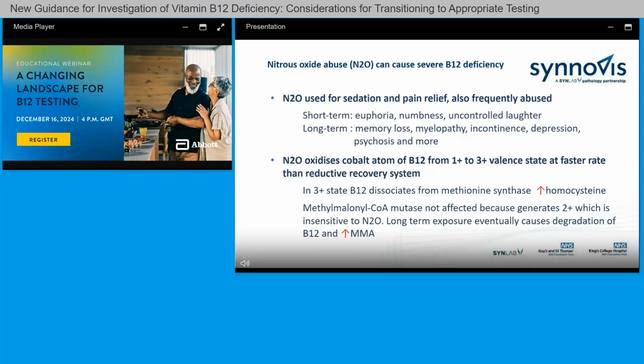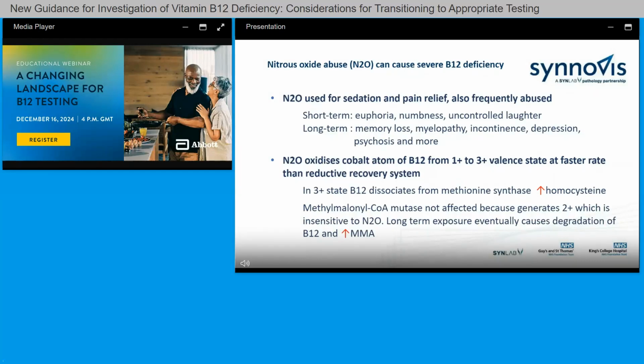Now, the reason that nitrous oxide causes severe B12 deficiency is that the gas oxidizes the cobalt atom within the structure, and it changes the valence state of the cobalt. In a 3+ state, the cobalt dissociates from methionine synthase.